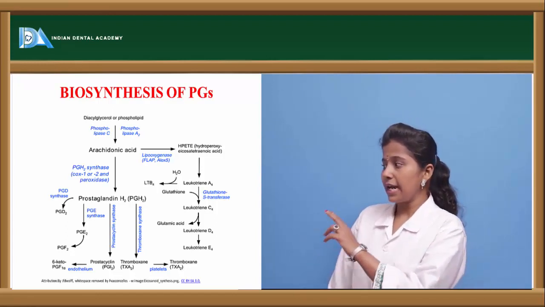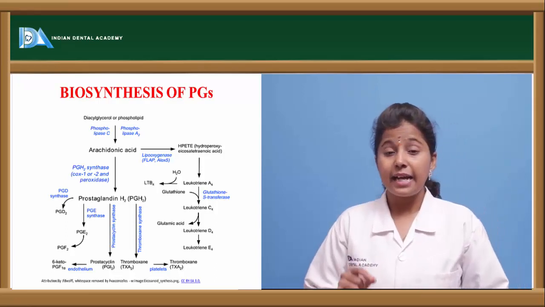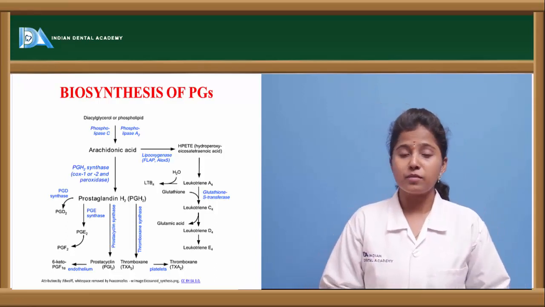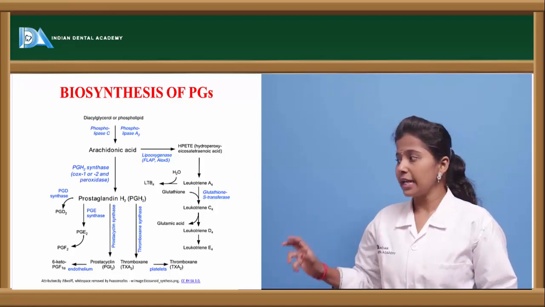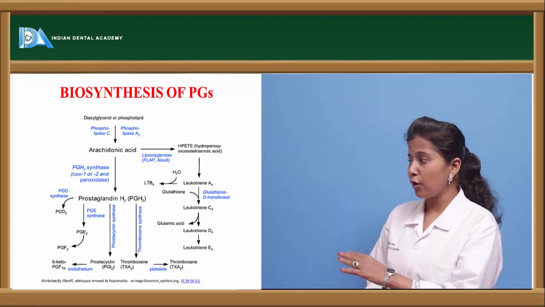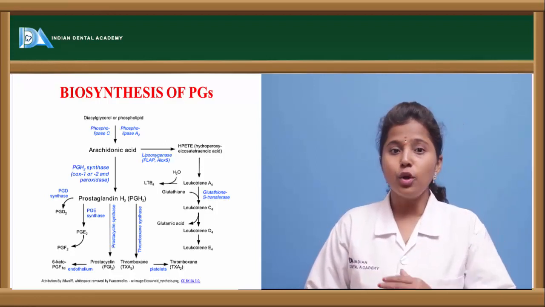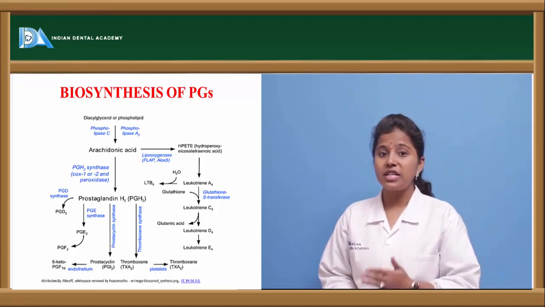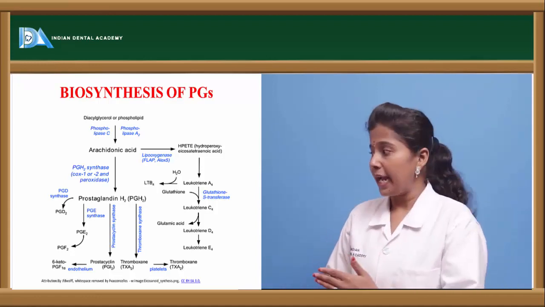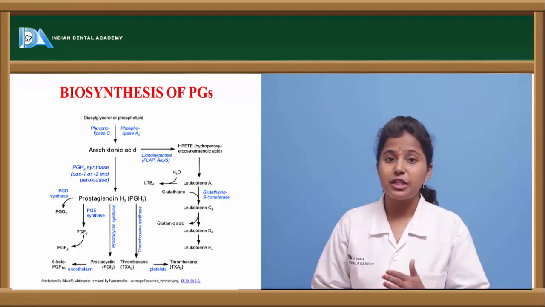If we see arachidonic acid, when the cyclooxygenase enzyme acts, and this COX enzyme is present in two forms, COX1 as well as COX2, it forms prostaglandin H2. From this prostaglandin H2, PGD2 is formed by the action of an enzyme called PGD synthase, and PGE2 is formed by the action of the enzyme PGE synthase.